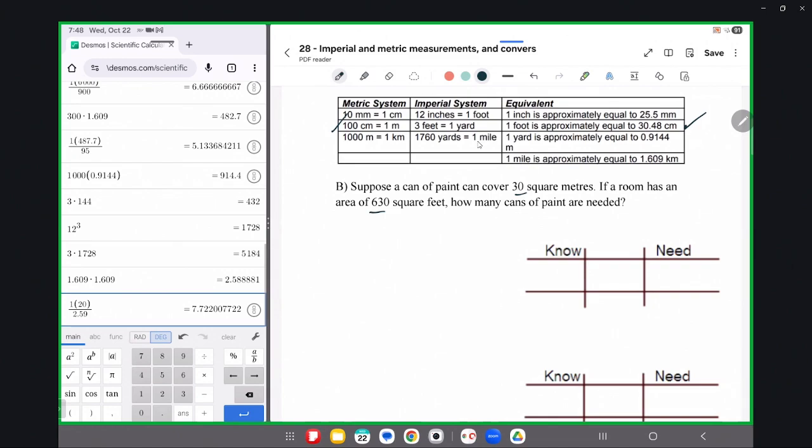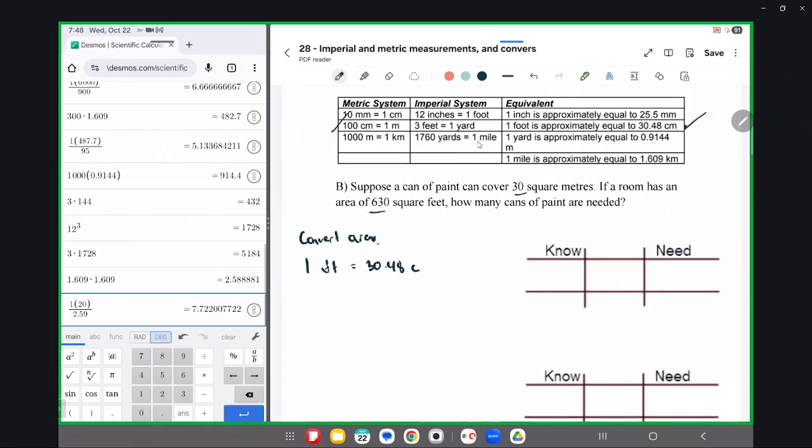Okay, so we know that 1 foot, so let's call this part here, we're going to convert areas. So we know that 1 foot is equal to 30.48 centimeters.